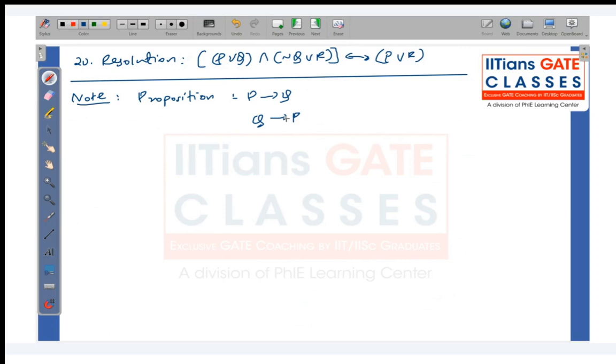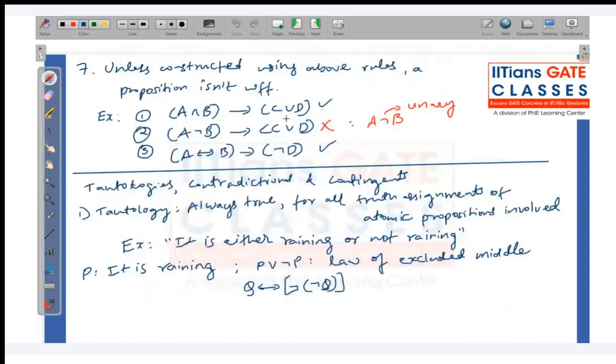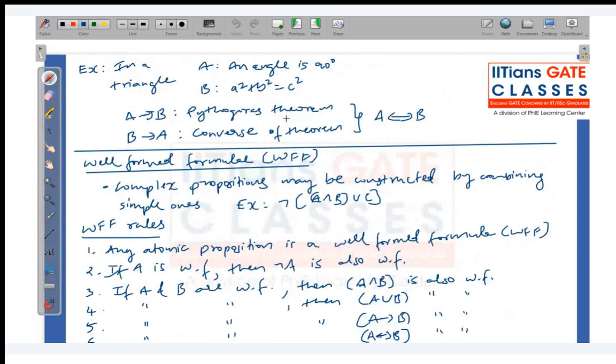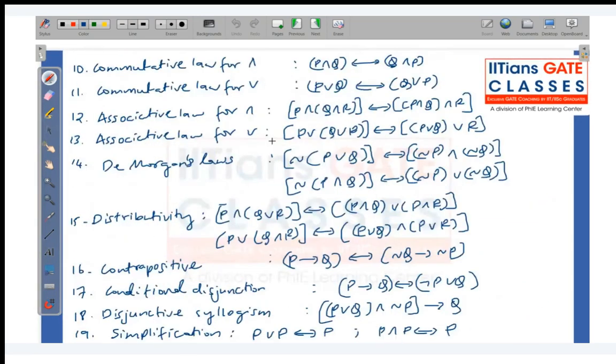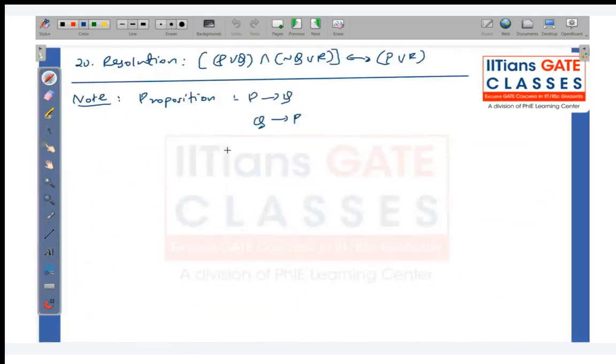If I swap the premise and the conclusion. We already saw this over here, that Pythagoras example. It is called the converse. Okay, converse of this implication.